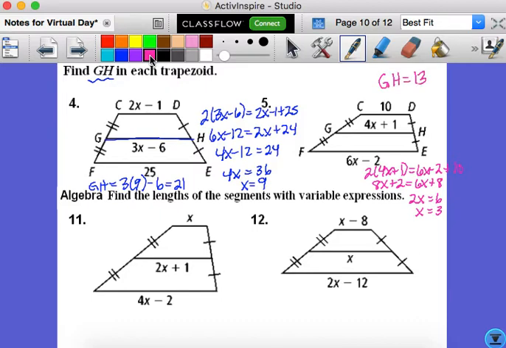So you should end up with an x value of 3 and a GH of 13.